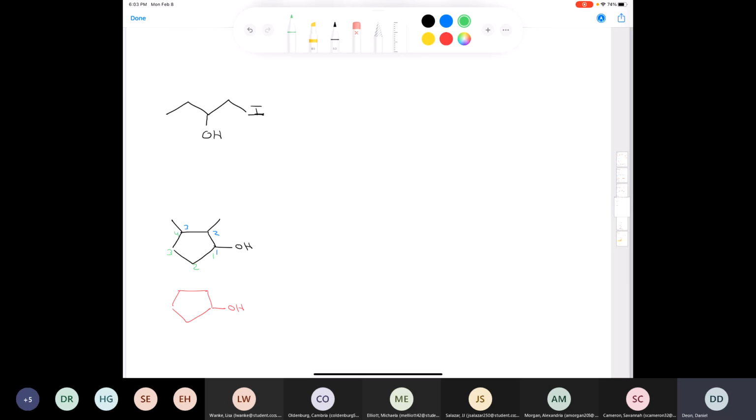You want to give the first substituent the lowest possible number. A 2 is lower than a 4, and so for this compound, we have 2,3-dimethylcyclopentanol.